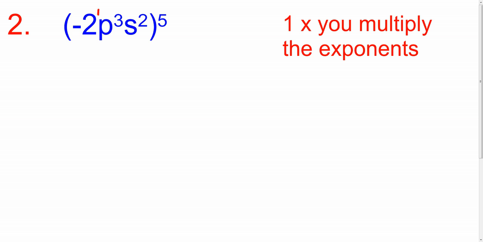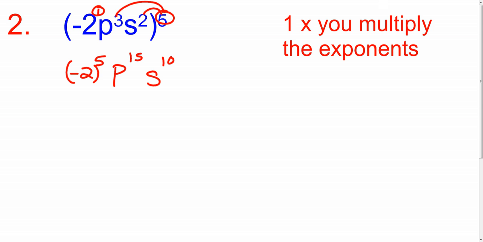What that means is I'm going to take 1 times 5 and do negative 2 to the fifth power. And when you have a negative number and you're going to raise it to a power, it has to be in parentheses or it might not come out right on your calculator, just so you know, okay? And then I will take p to the 3 times 5, which is 15, and s to the 2 times 5, which is 10, okay?